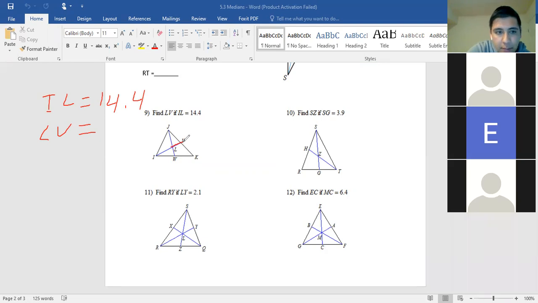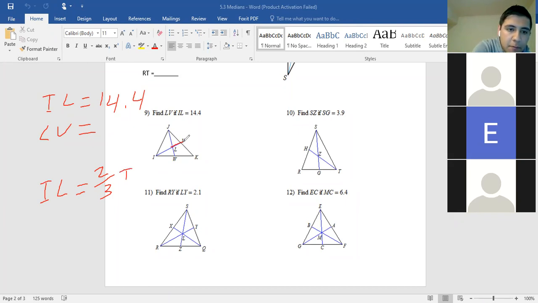Bigger. It's the bigger part. And remember, the bigger part represents 2/3 of the entire thing. So I to L is going to equal 2/3 of what? I to V.